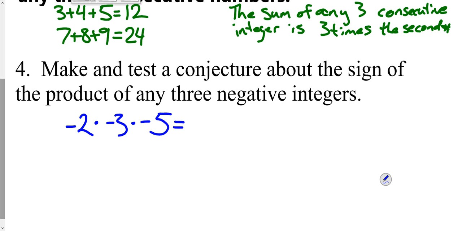And positive 6 times negative 5 gives me negative 30. So looking at these 3 negative numbers multiplied together, I see that I get a negative answer. I'm going to say that the product of any 3 negative integers will be a negative number.